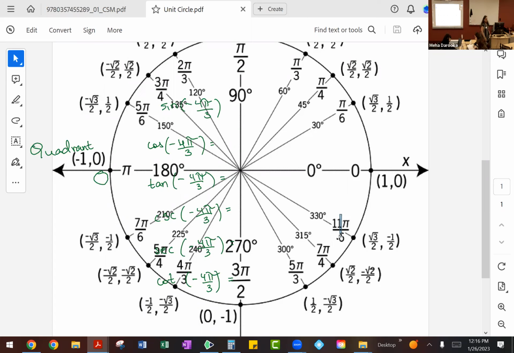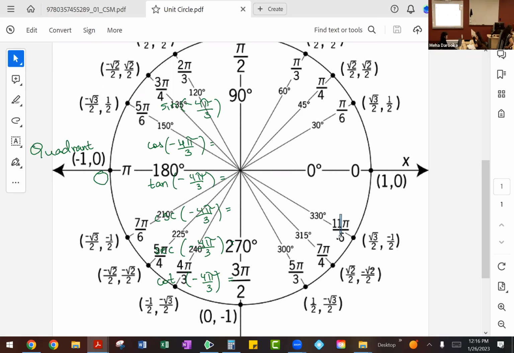How are we looking at this? The exact, yeah, that's what we know. Sine is 1/3.